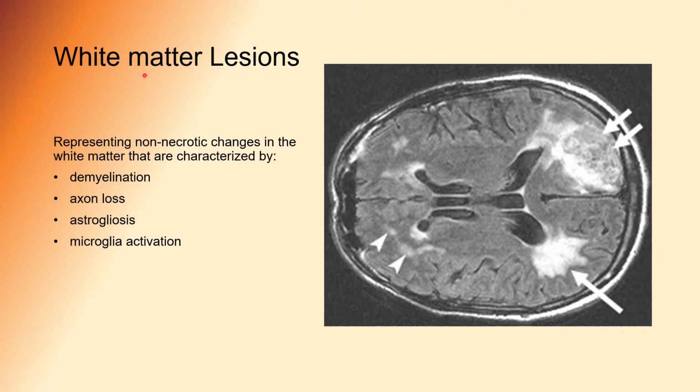The second lesion is white matter lesions. Let's look at the arrows here. They represent areas that are non-necrotic changes in white matter that are characterized by demyelination, axon loss, astrogliosis, and microglia activation.